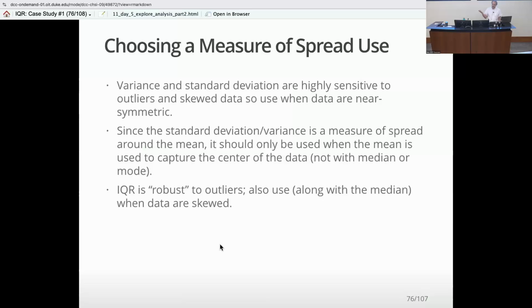So variance and standard deviation are reasonable when you have normally distributed data, but if there are a lot of outliers or the data is skewed, then they can be misleading. Whereas the interquartile range is pretty robust to outliers. So it's similar to the median in that sense.